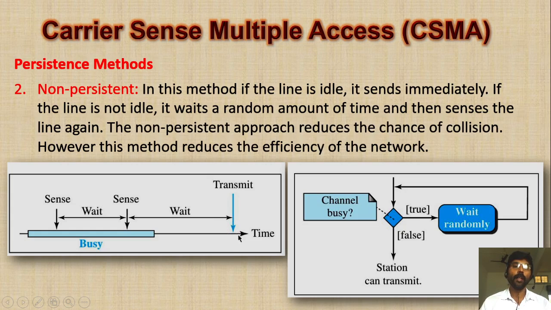If it is idle, then it transmits the data. If still busy, again it waits for some random amount of time and checks the transmission medium again. This process is called the non-persistent approach.